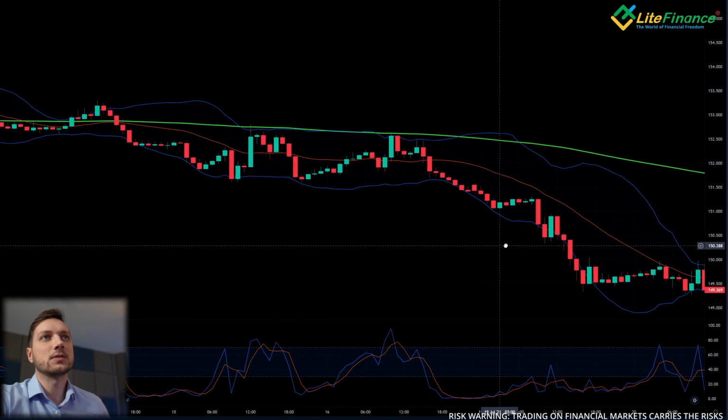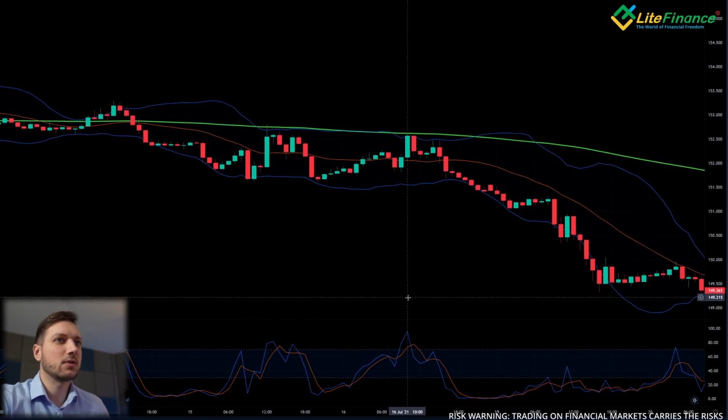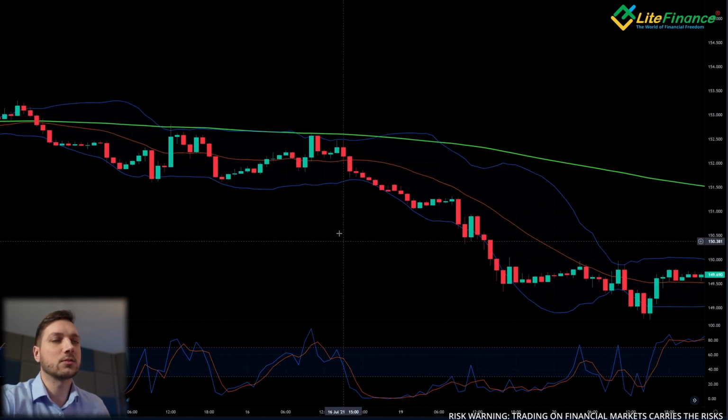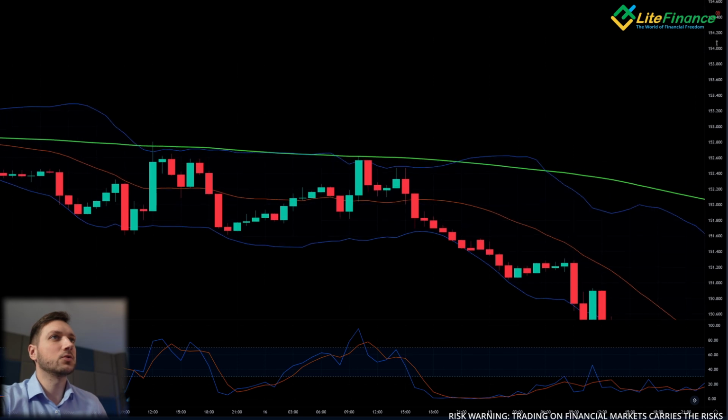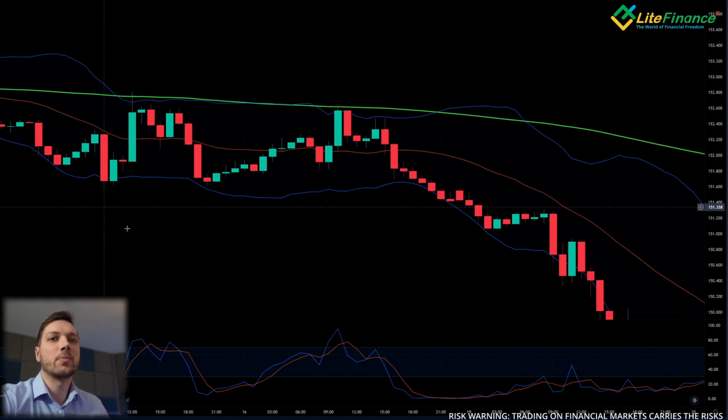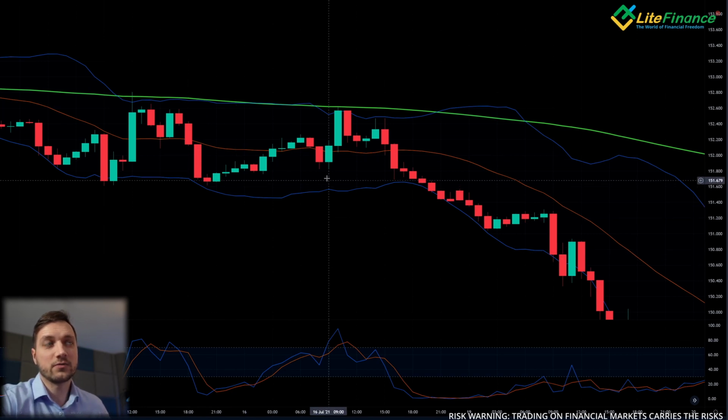Let's discuss this example over here where we have a short signal. Firstly, we need to identify that the price is below the 200 period moving average. Therefore, we are looking only for sell trades.